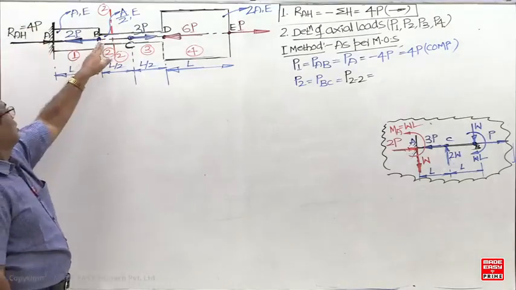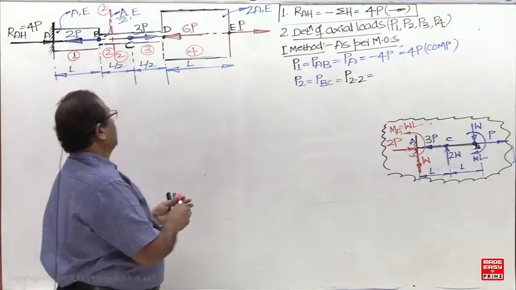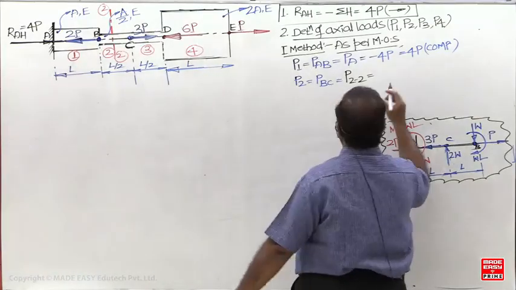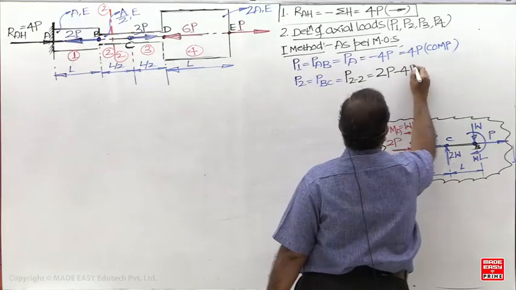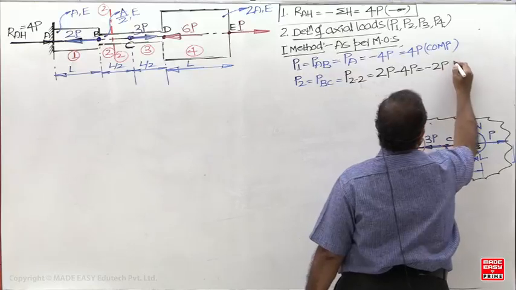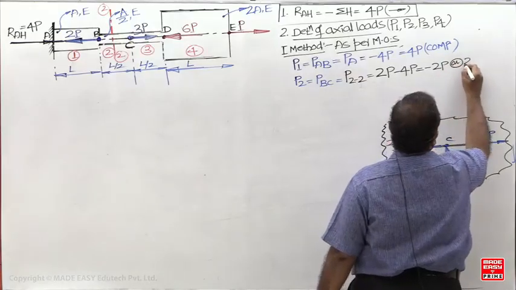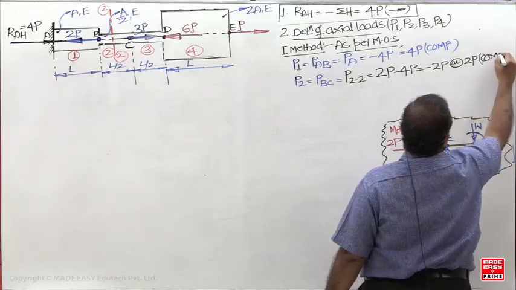Left side. This is going to be tensile, this is compressive, so 4P. I'm taking the left-hand side: 2P minus 4P, so minus 2P. So 2P compressive.